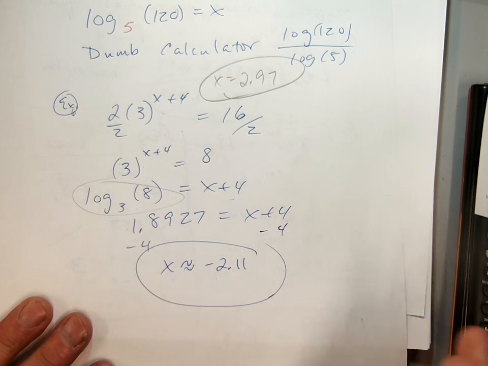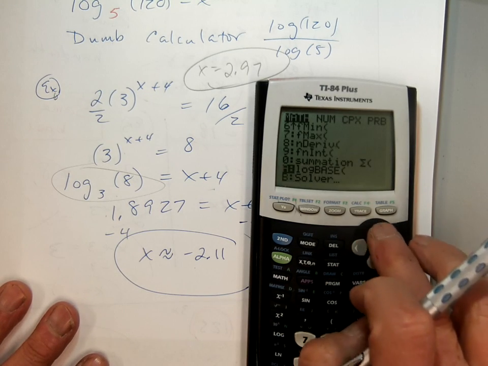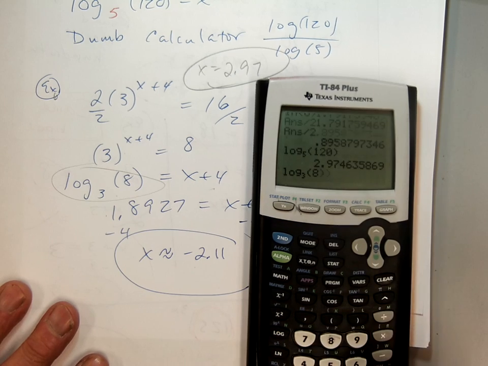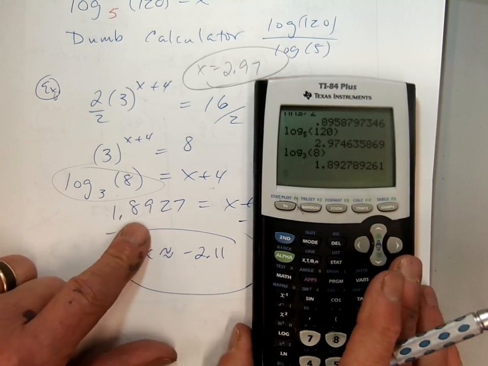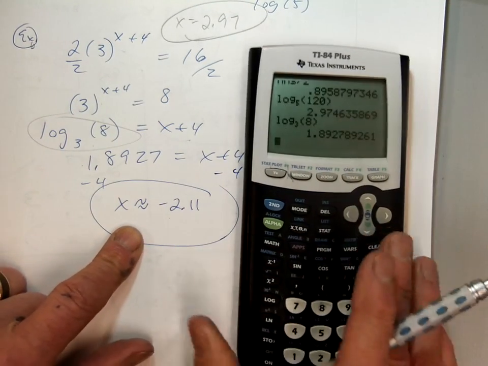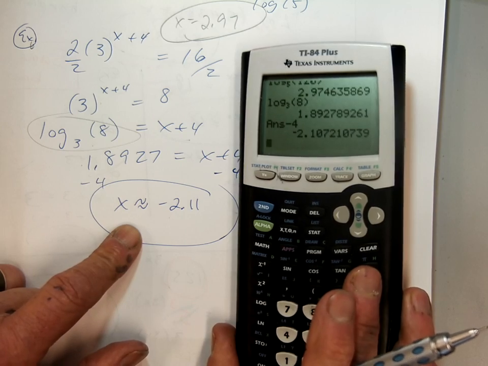I found out what that was on my calculator, so I just used my special button, log base 3 of 8. And then I got a 1.89, and then I subtract 4, and I get approximately negative 2.11, okay?